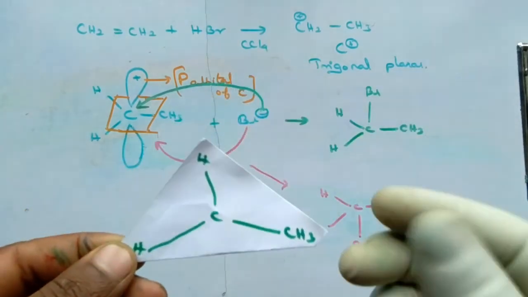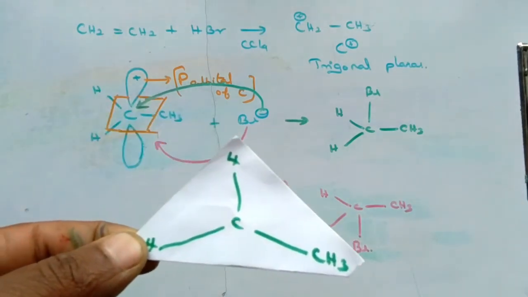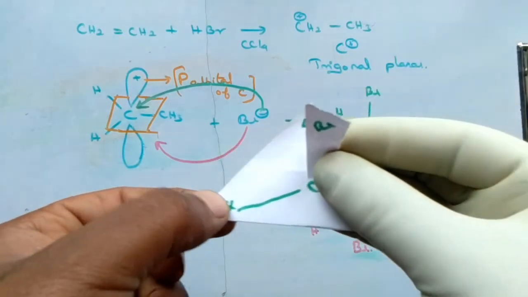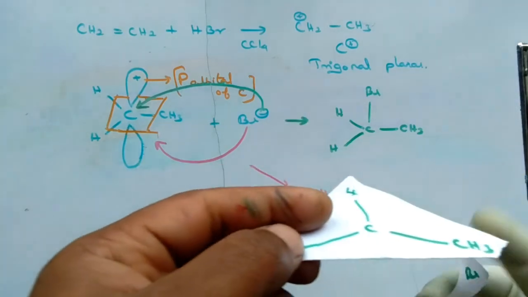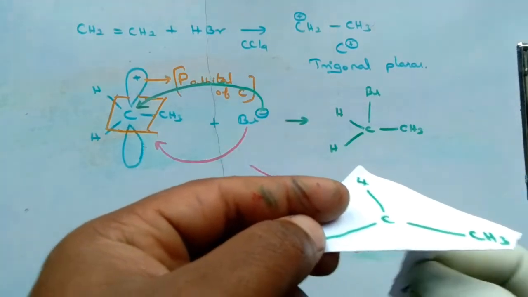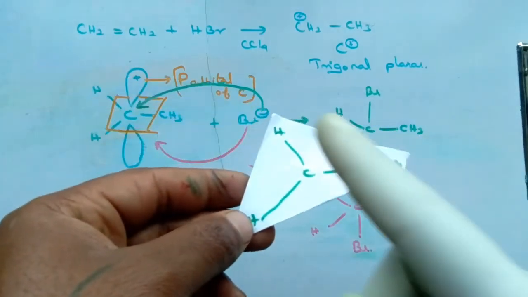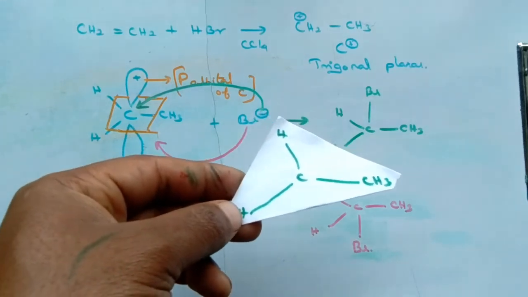Just for your understanding, just see this model. If this is the structure of the carbocation, that is the trigonal planar structure, and bromine attacks above the plane, then we will get a product like this. The carbon, hydrogen, CH3 will be on the plane.